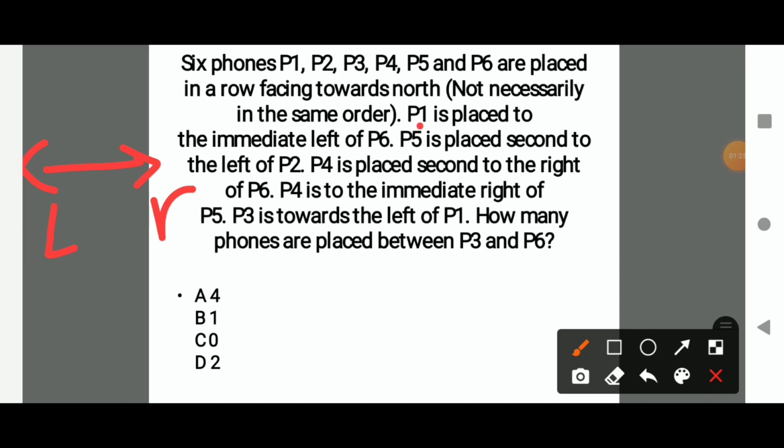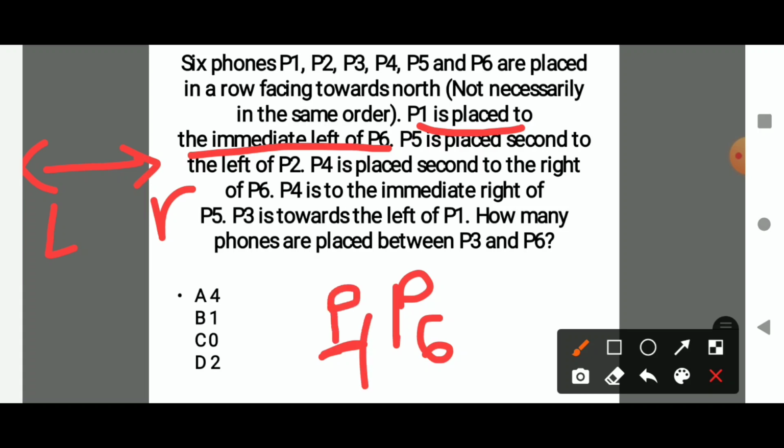The first statement is, P1 is placed to immediate left of P6. If P6 is here, what is the left to his? So here P1 is. So next we choose the next equation which are related to P1 and P6. So here P4 is second to the right of P6.